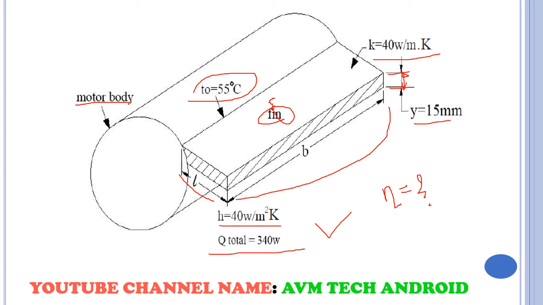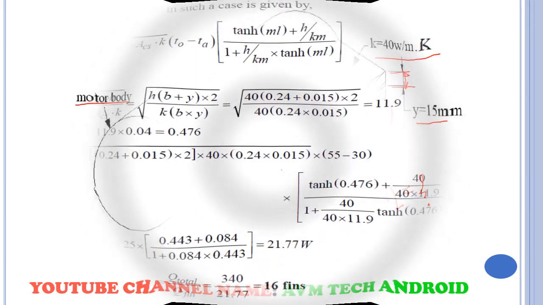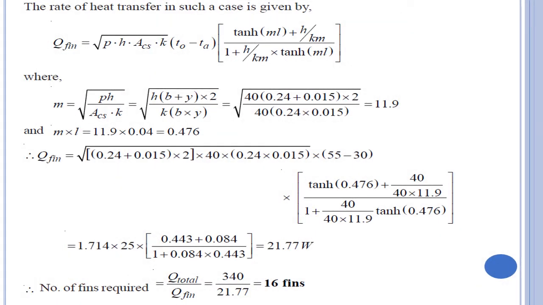So friend, this data is very much clear to you. So let's quickly solve the problem. This is a fin of finite length and heat dissipation from the tip of the fin is observed.